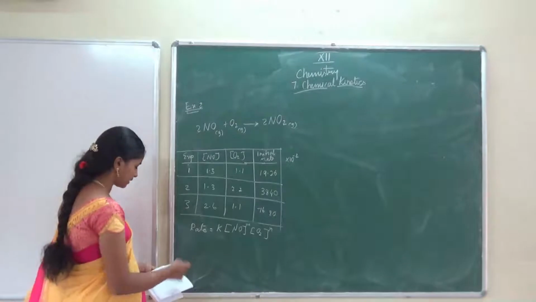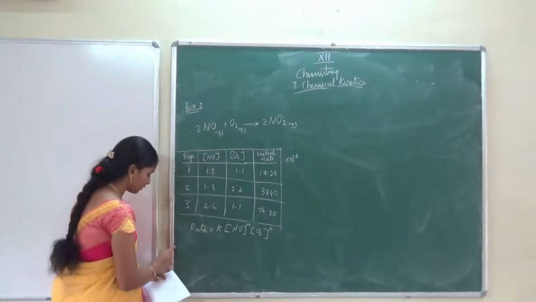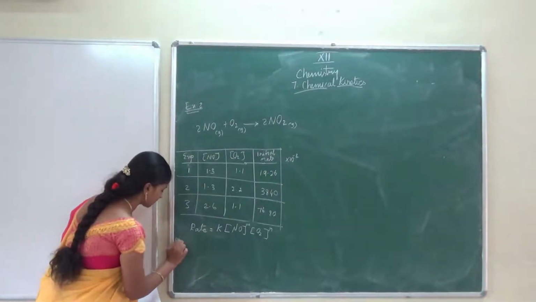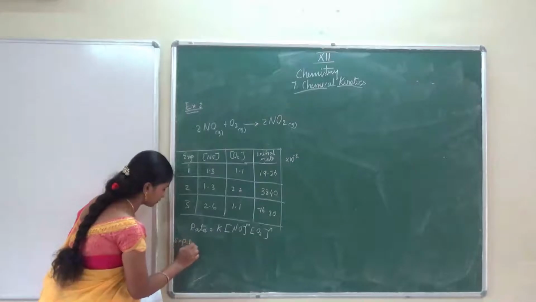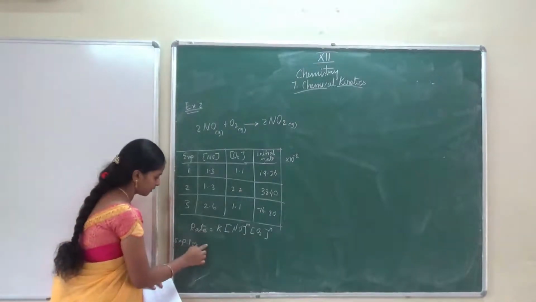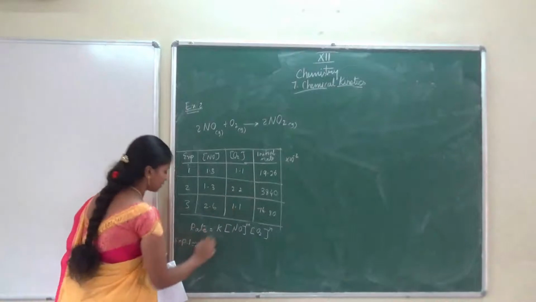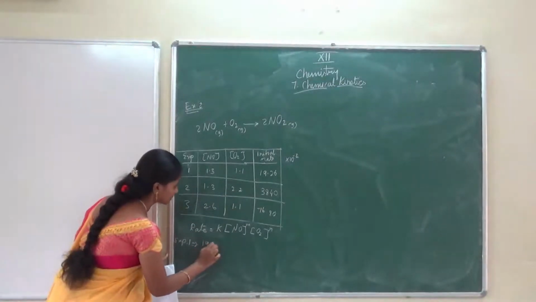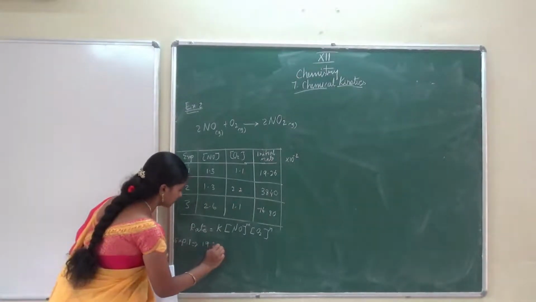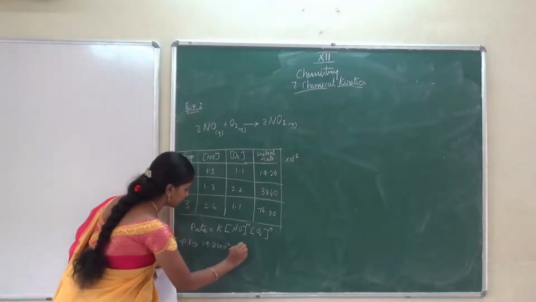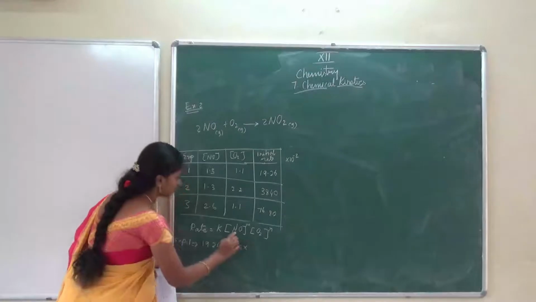Let us start to write the values now for experiment number 1. What is the rate value for experiment number 1? 19.26 into 10 power minus 2 is equal to K into the NO concentration.